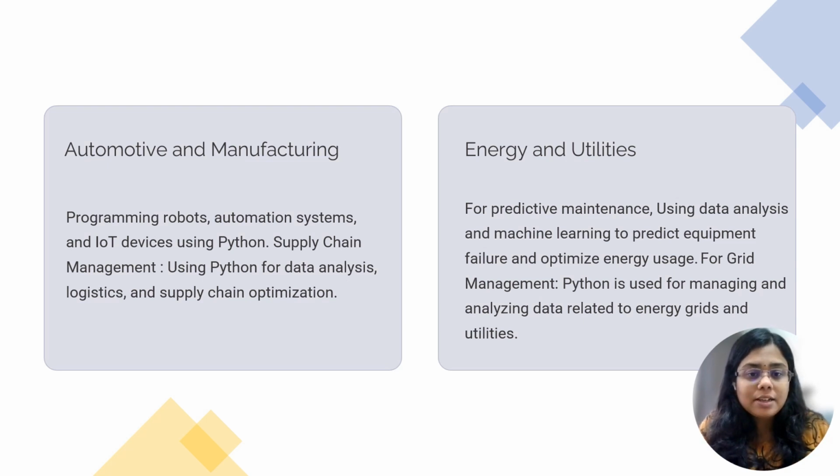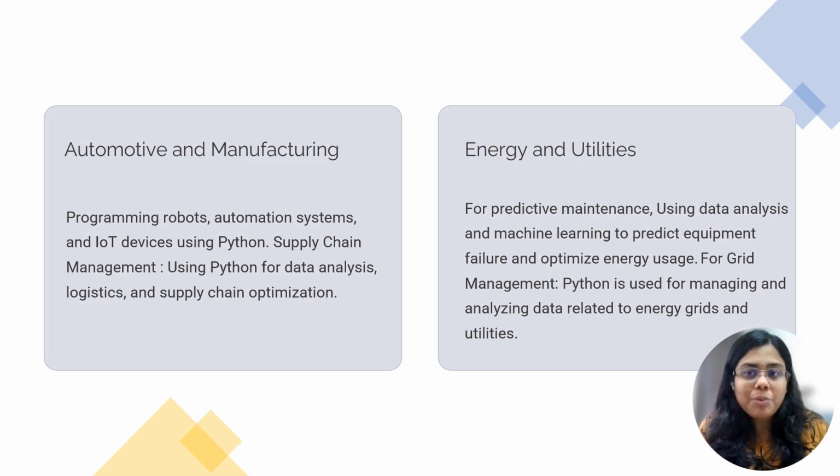Energy and utilities. Predictive maintenance. Predictive maintenance is the primary source of Python usage in the energy and utilities sector. It is used for data analysis and machine learning to predict any equipment failure and optimize energy usage.